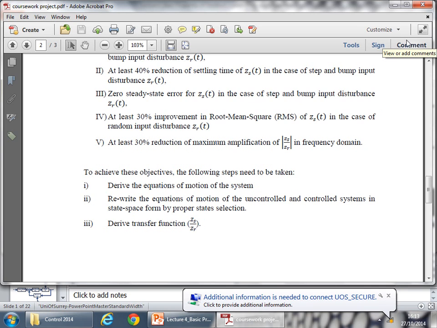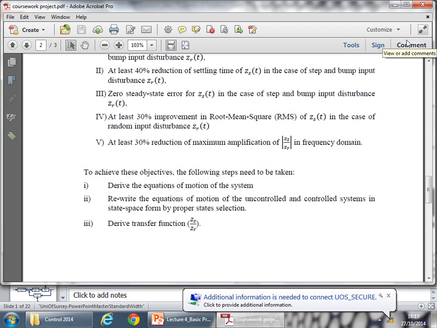To derive the proper model of the system, you need the equations of motion of the system. What was the equation of motion? Or what is the equation of motion? Equations of motion are the set of differential equations that represent the dynamic performance or dynamic behavior of the system.